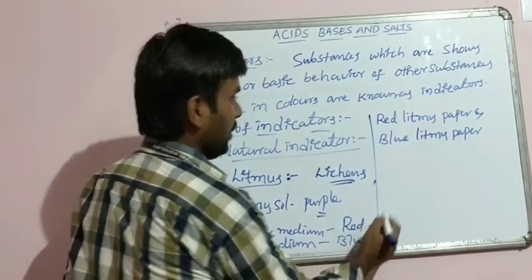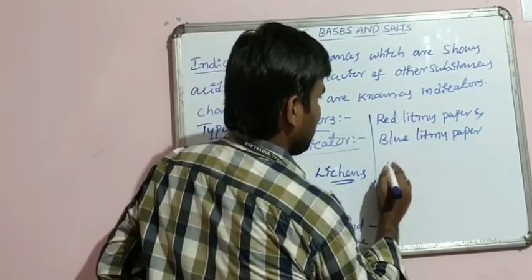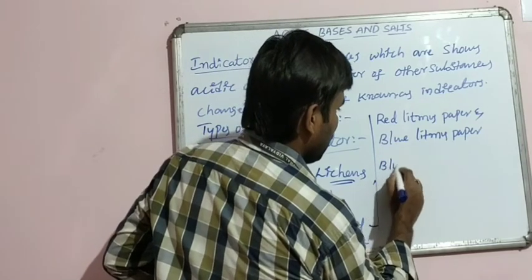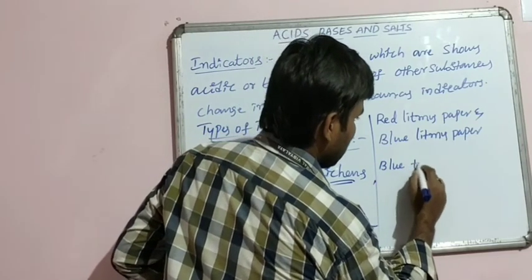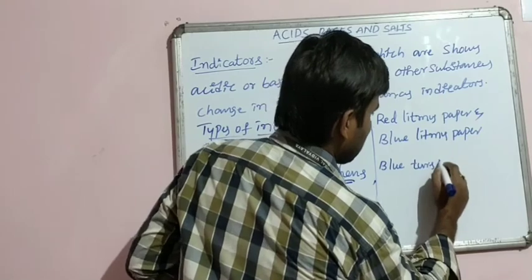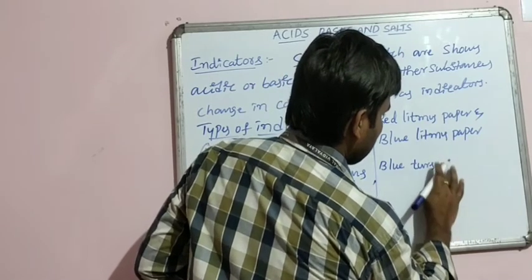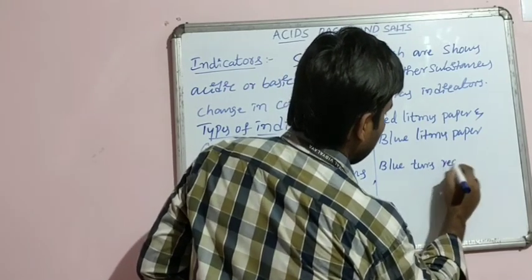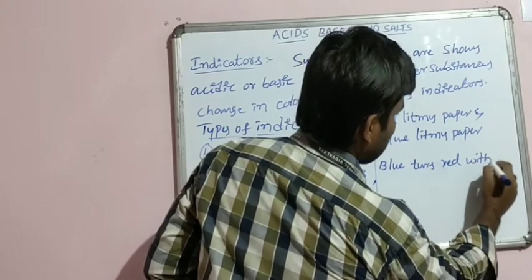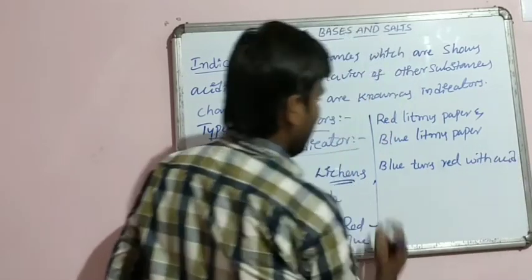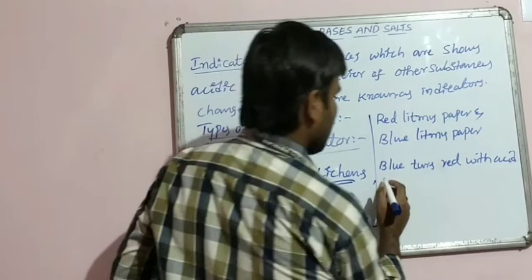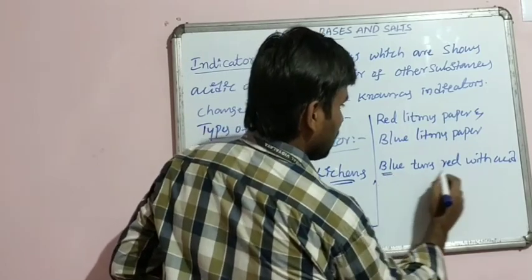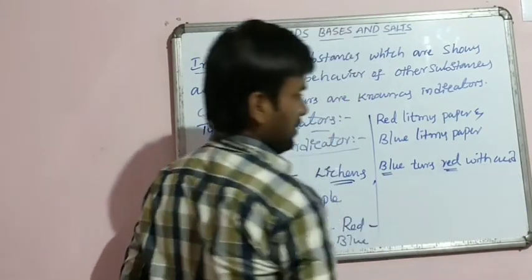Red color. That's why in the presence of acidic medium, blue litmus turns red with the acid. See here, blue color turns to red color in the presence of acid.